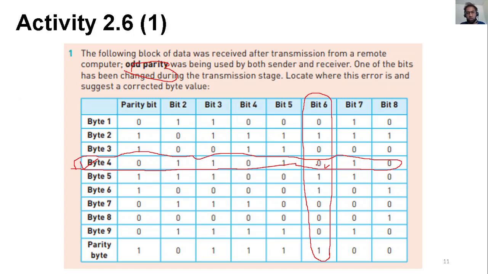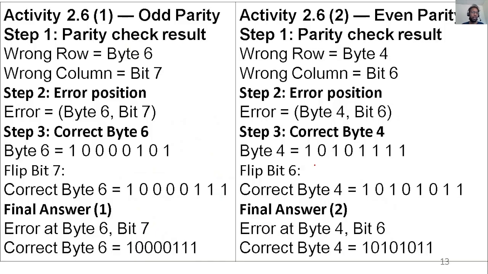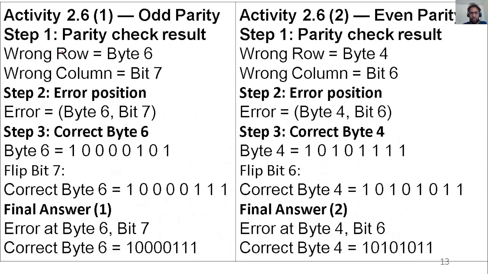And let's see which row number and which column number that is. Let's find out. Wrong row is equal to byte 6 and bit 7. Okay, it is calling it byte 6. No, no, it's not that. I think there is some mistake in this solution.